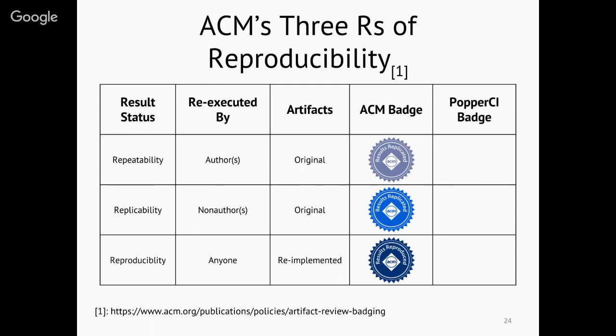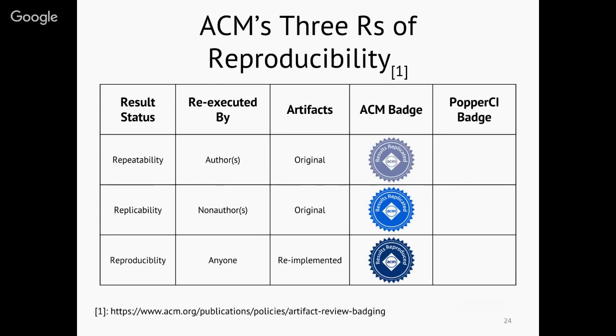Repeating a result means that an original author can get to the same results using the original artifacts. They call that repeatable results. Replicability is by a third party, so basically someone else that is not the authors, who takes the same artifacts and generates the same results. And reproducibility is basically re-implementing everything from scratch and getting to the same results.